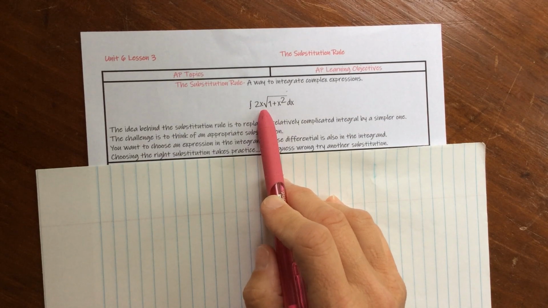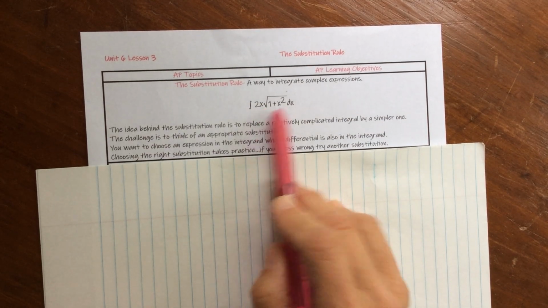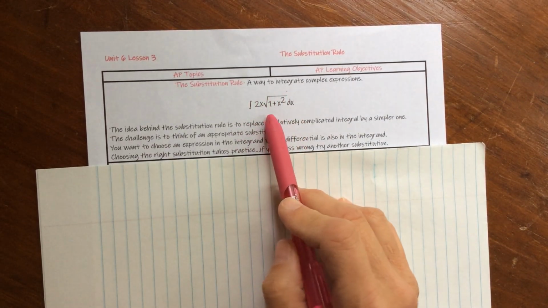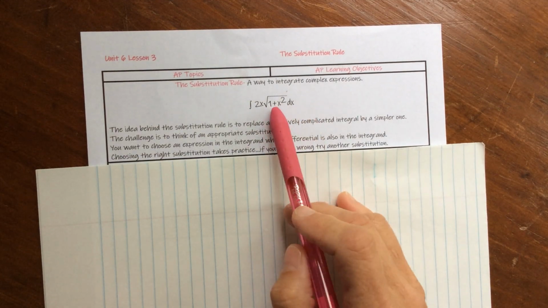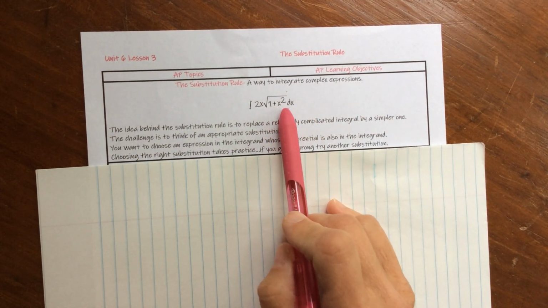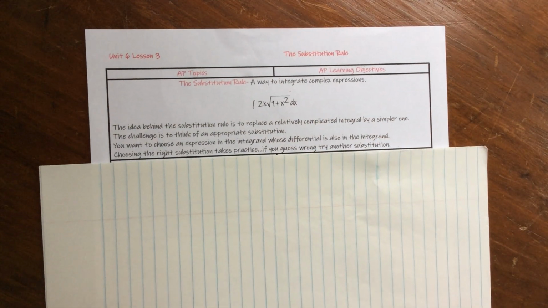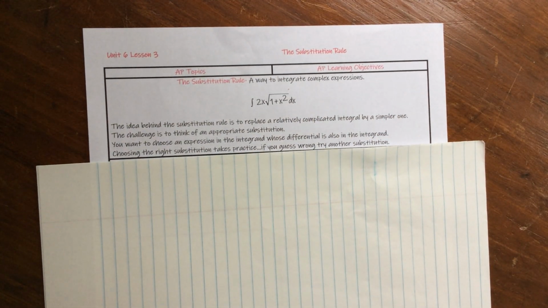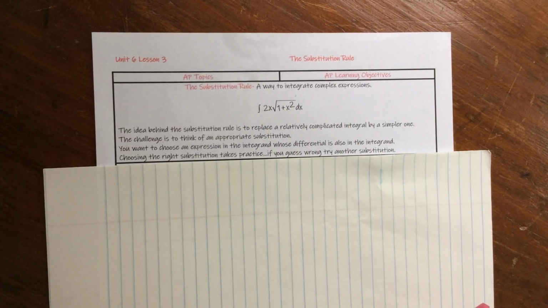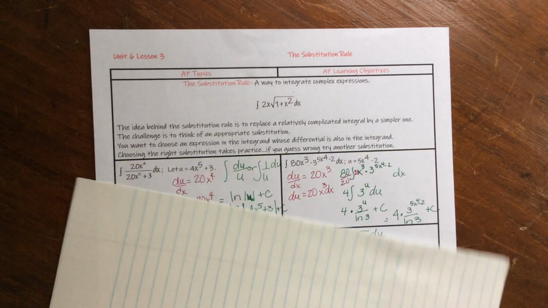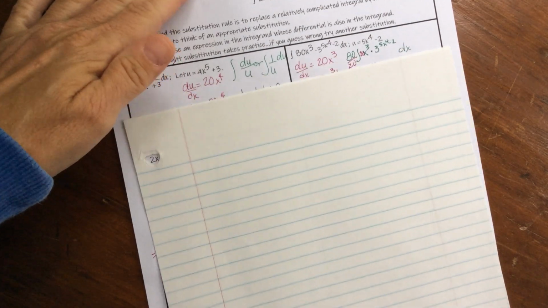The derivative of 2x is 2. Well, that doesn't help me any. And so then I would focus on 1 plus x squared. So that's what I mean by if you try something and it doesn't work, then go back to the problem and try something different.